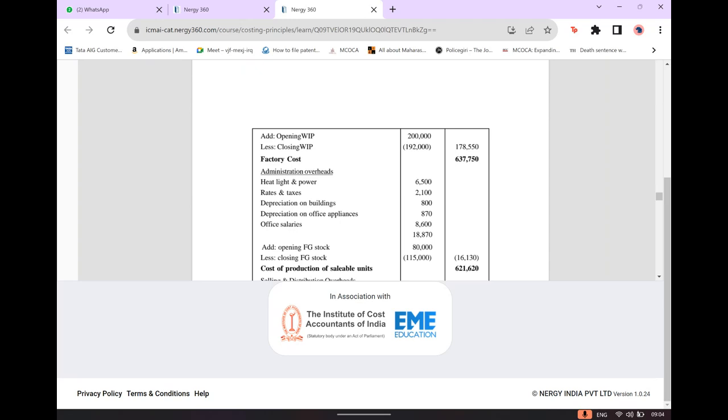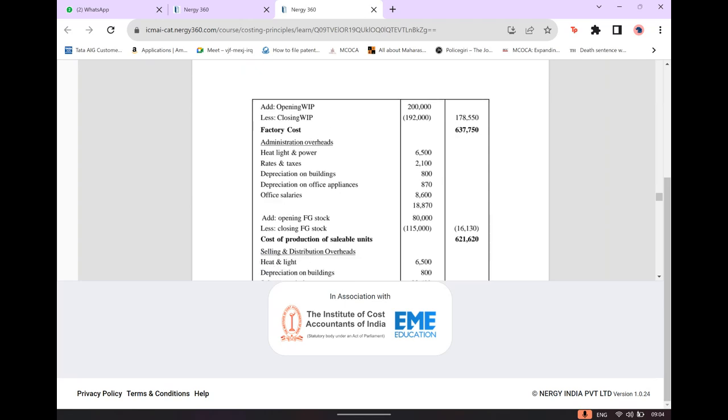Then you have the administrative overheads. In the administrative overheads, you have heat, light and power, rates and taxes. You have depreciation on buildings, again it will be 1/10 of the building depreciation.